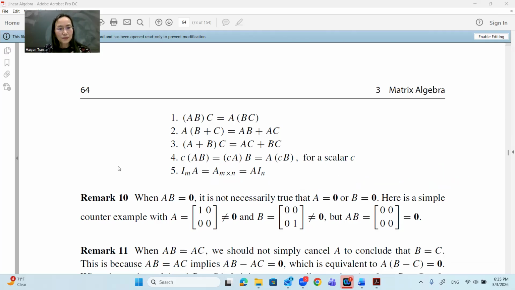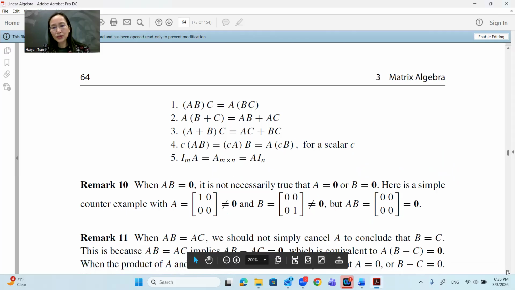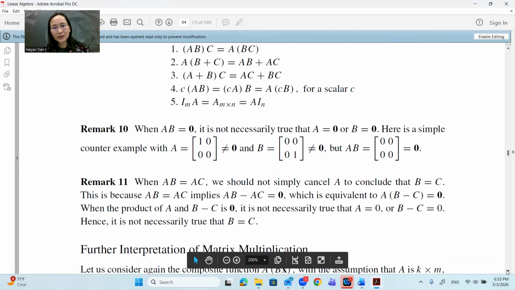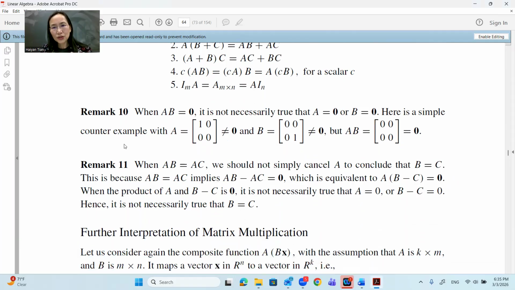Okay, so for numbers, if the product of two numbers is 0, we know one of them must be 0. But that is not true for matrices. If the product of two matrices is 0, it's not necessarily true that one of the two has to be zero.